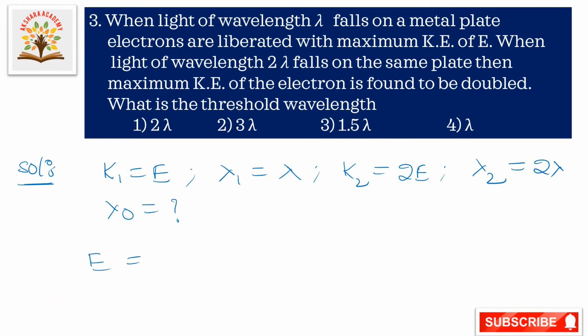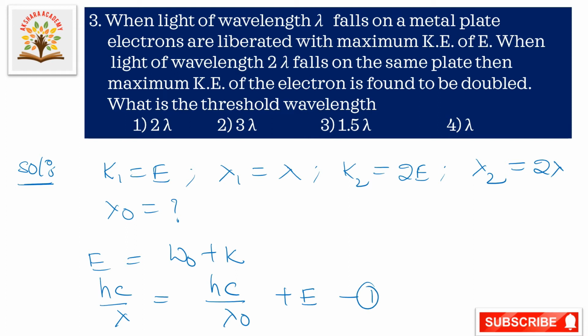So E equals work function plus K. From this we write hc by lambda equals hc by lambda naught plus E. Consider this as equation number 1. Next we can write hc by 2 lambda equals hc by lambda naught plus 2E.